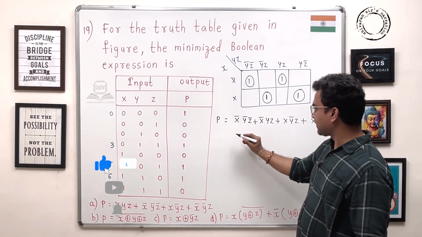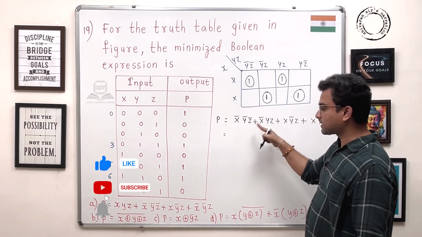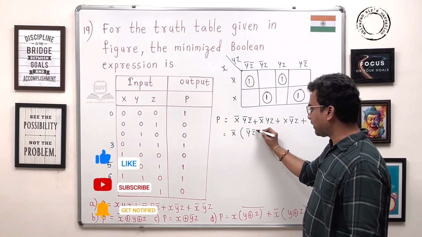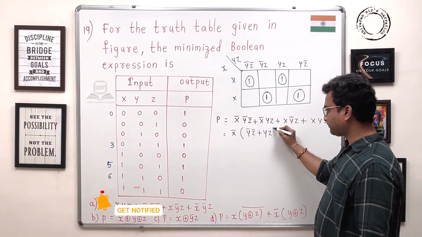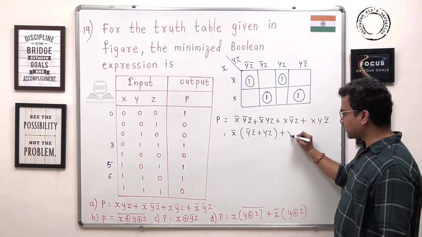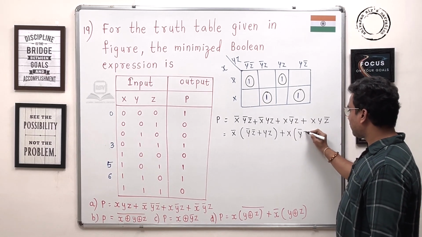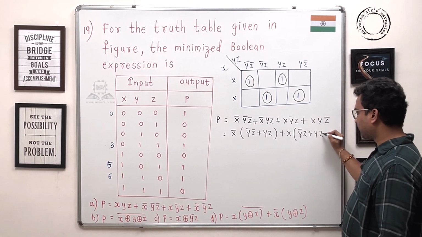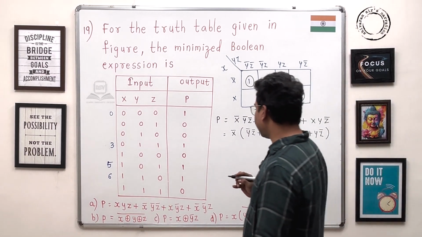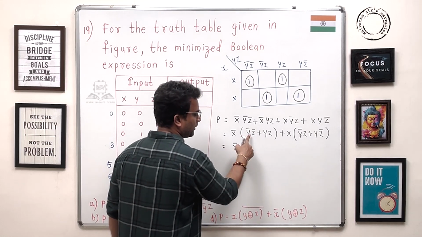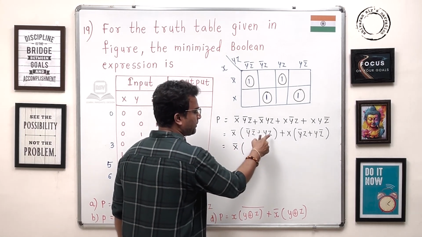Now you see, guys, here X bar is common. Let's take X bar. It is Y bar Z bar plus YZ. Again, X common, Y bar Z plus YZ bar. Right. Now guys, here this can be written as X bar times Y bar Z bar plus YZ.